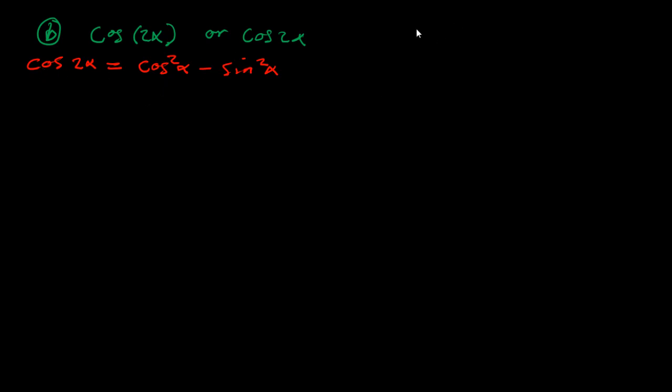Remember, this identity is derived from another identity, which is cos of alpha plus beta is equal to cos alpha cos beta minus sin alpha sin beta. When you replace beta with alpha, it's going to give you this expression, but I'm not going to go into detail and explain this part because it has already been done in the other tutorial.